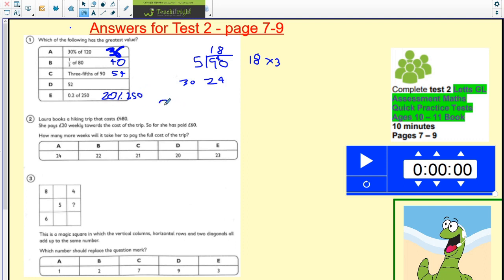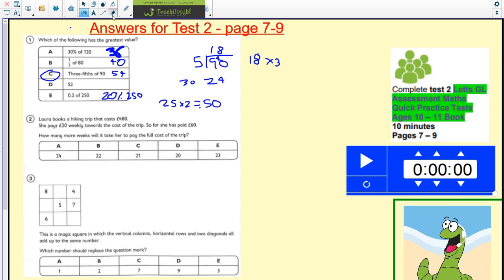And 10% is 25. So 20% is going to be 2 lots of that. Times by 2 to get 50. But either way, C is my answer, because we've got 36, 40, 54, 52, and 50. So definitely 54 is our highest.